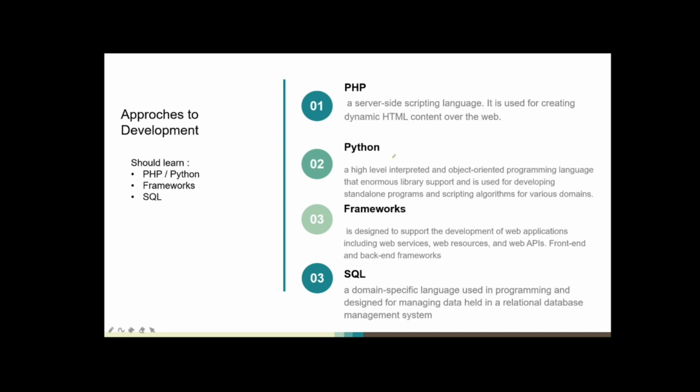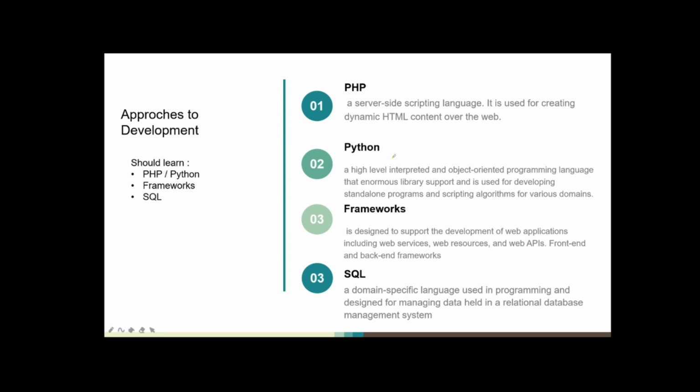For the framework, it is designed to support the development of web applications, even including web services, web resources, and web APIs. So there are actually a lot of frameworks already that support front-end development and back-end development, or even full-stack development.